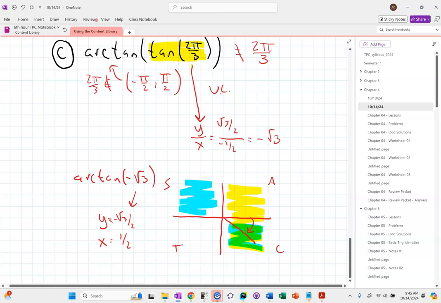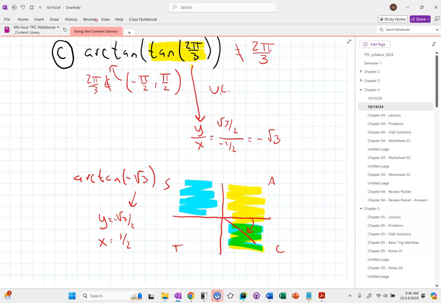Now I know the negative goes with the y because what quadrant am I in for my answer? Quadrant 4. Is the y coordinate positive or negative in quadrant 4? In quadrant 4, the y is negative, but the x is positive.